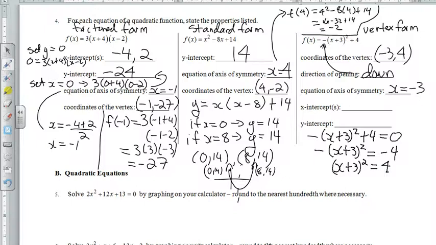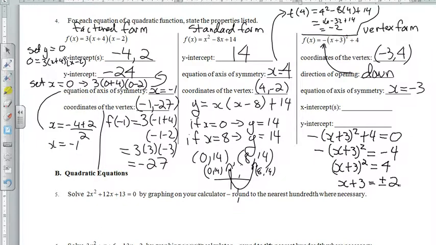Okay? And then we're going to square root both sides. And this becomes x plus 3 is equal to plus or minus 2. Because the square root of 4 is positive 2, but also negative 2, right? Because there has to be 2 answers. I mean, if you graph this thing, you'll see there are 2 x-intercepts. We have to be able to find them both.